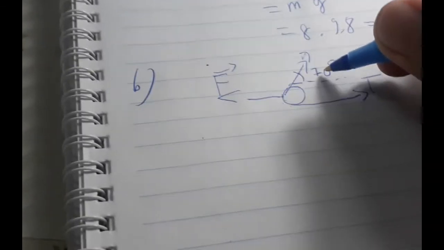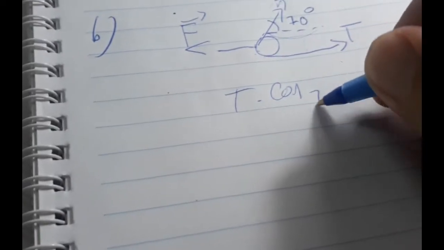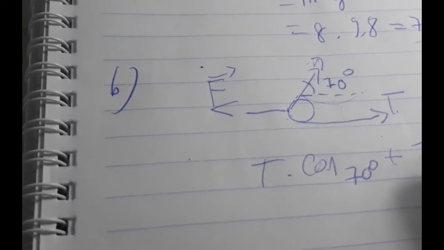So we just need to find this. We have to use T multiplied by the cosine of 70 degrees, plus the tension T, minus the force F because it goes the opposite way, equals 0, because there is no acceleration at all.